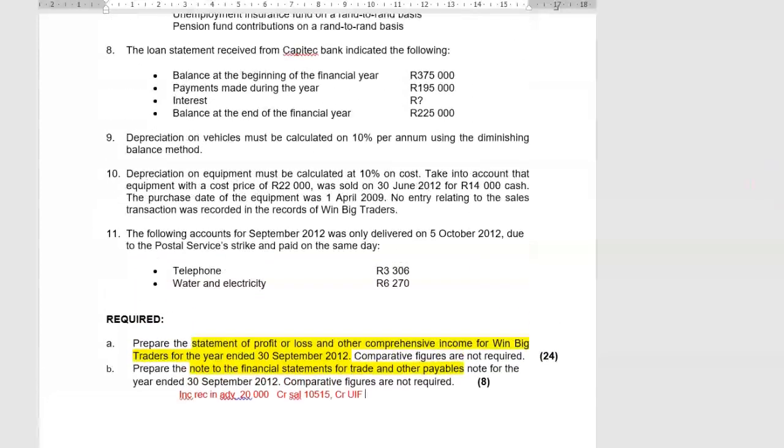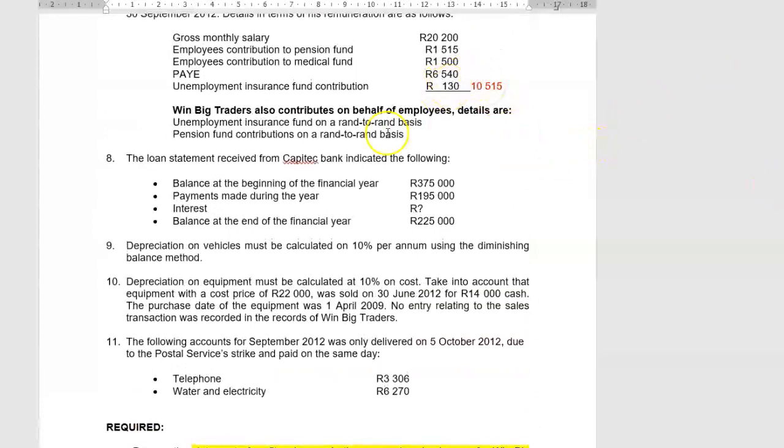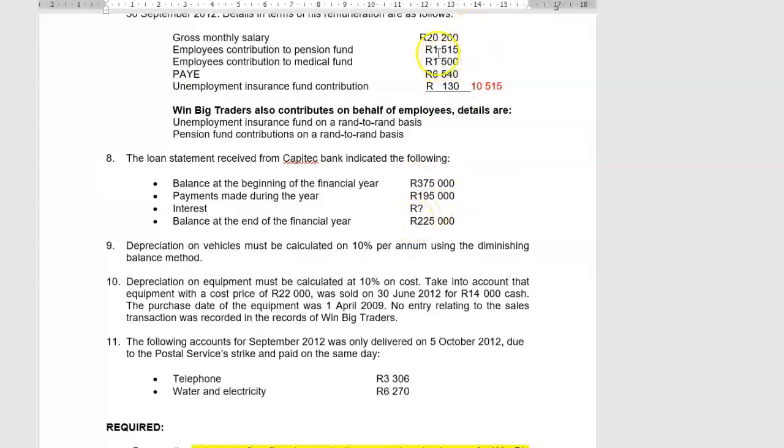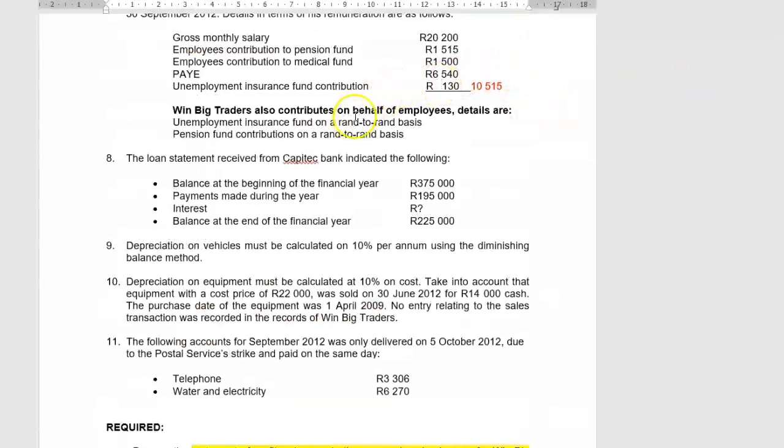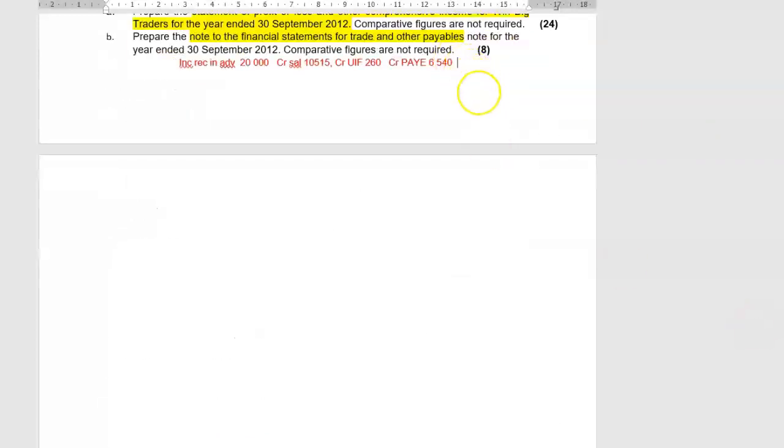It will be the employer contribution of 130, this one here, as well as that one there. So creditors for UIF, 260. Creditors for pay as you earn, 6540. And again, if you've written down your template, you could have put this directly on your template and it would have been completed. You didn't have to go back. Medical aid fund, creditors for medical aid fund, 1,500 Rand.